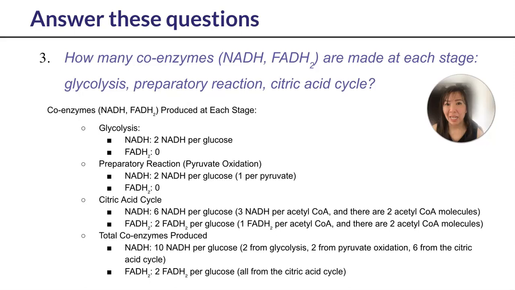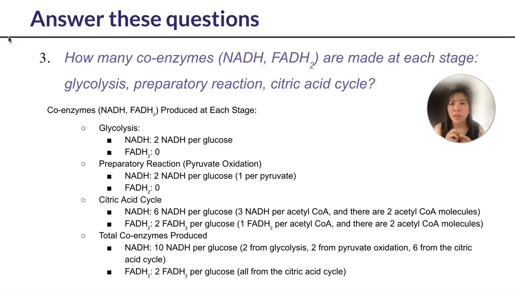Lastly, let's look at the citric acid cycle. We take the acetyl-CoA, add it to the 4 carbon citrate, and undergo this cycle, which is a series of oxidation reactions. As we undergo this series of oxidation reactions, it's coupled with the reduction of NAD+ and FAD in order to make NADH and FADH2. In total, we produce 6 NADH per glucose because we undergo the cycle 2 times.